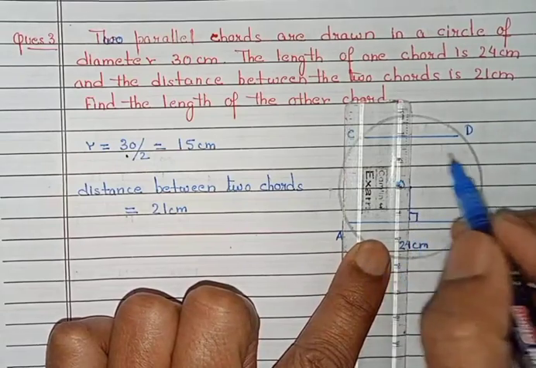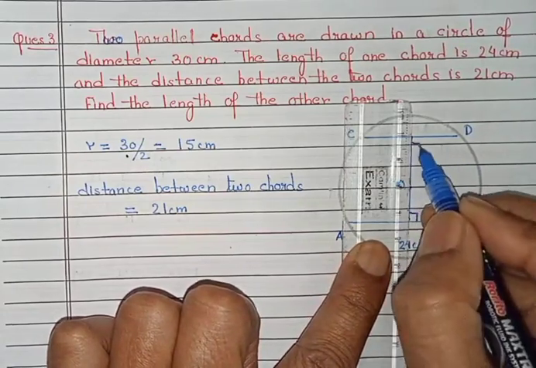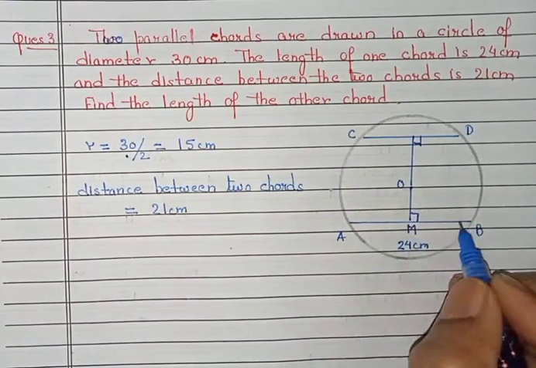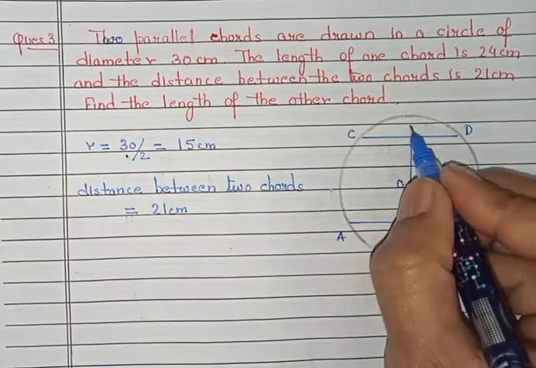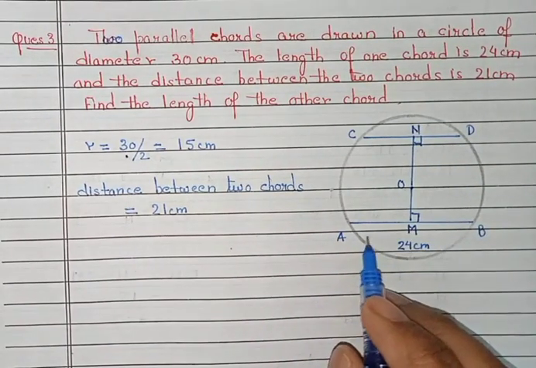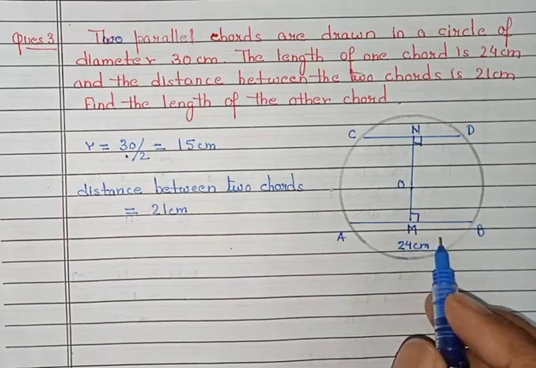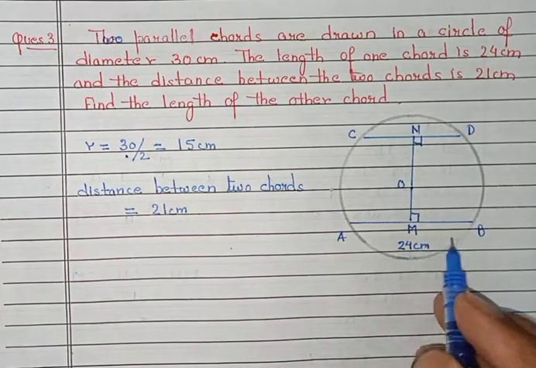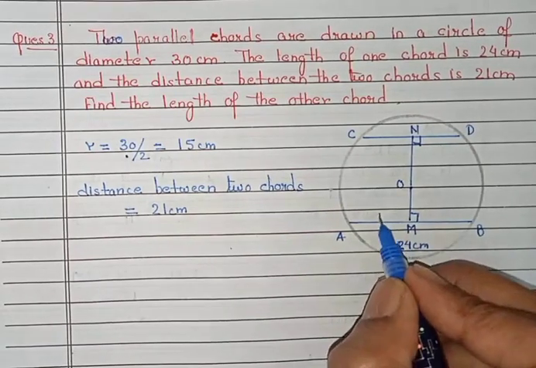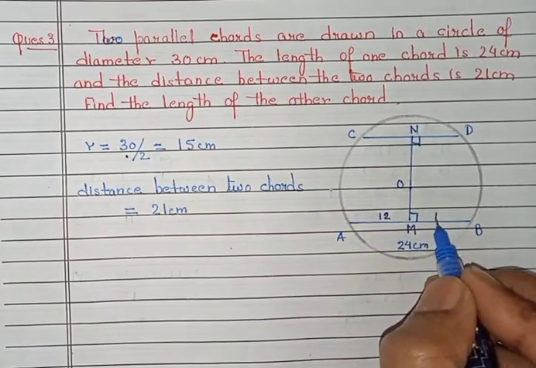Perpendicular on the first chord and then perpendicular on the second chord. So OM is perpendicular on the first chord, ON is the perpendicular on the second chord. Now we know the theorem that whenever we drop a perpendicular on a chord, it bisects the chord. So this chord AB, which is of 24 centimeter, will be bisected as 12 and 12.